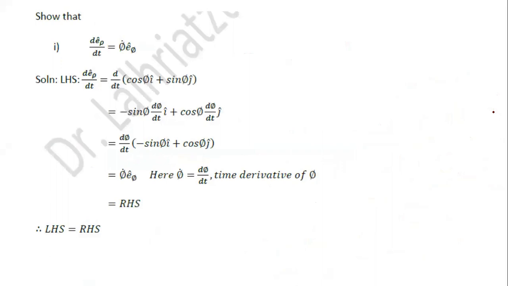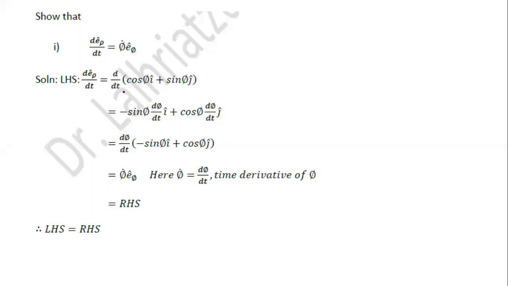Now, there are certain identities in curvilinear systems that you can easily solve. This is just to show that the differentiation of e rho with respect to time is phi dot e phi cap.